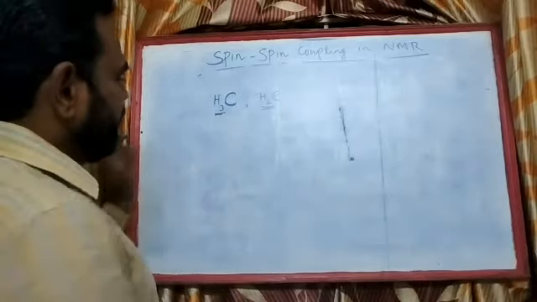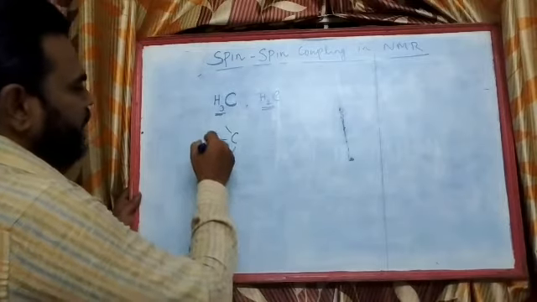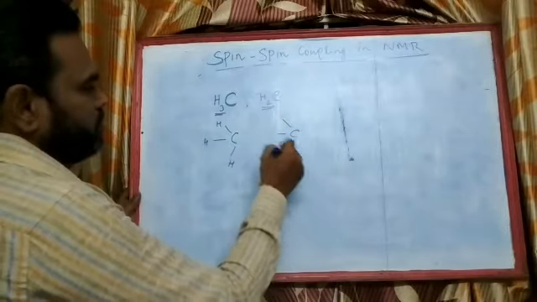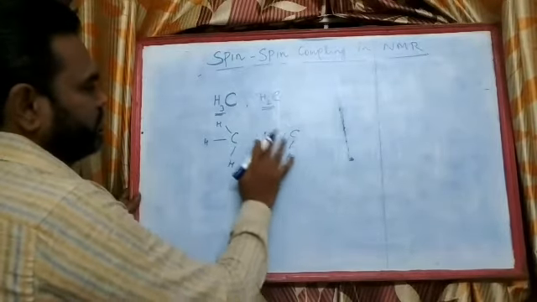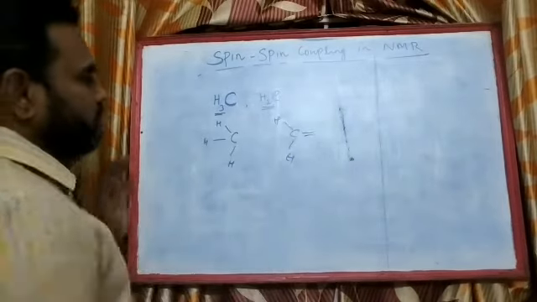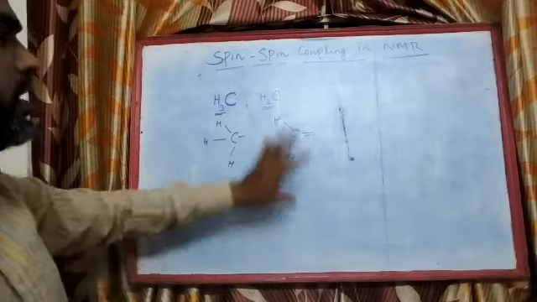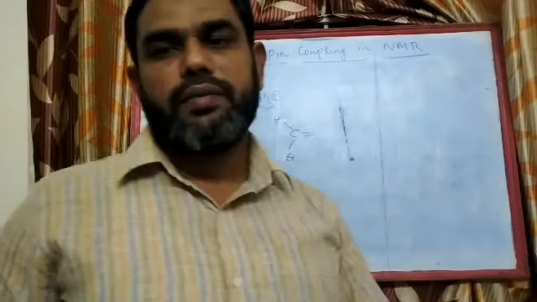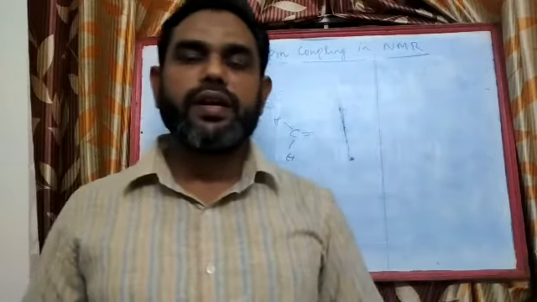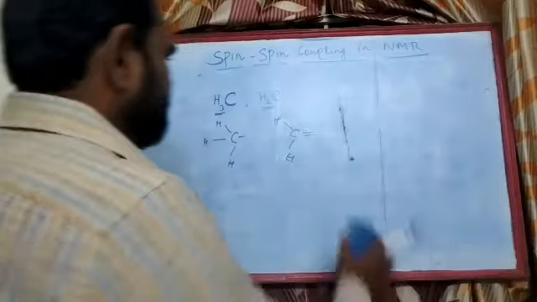So this consists of 3 magnetically active protons, and this consists of 2 magnetically active protons. So how will be the spin-spin coupling between a group of magnetically active nuclei? Okay, so let us see.